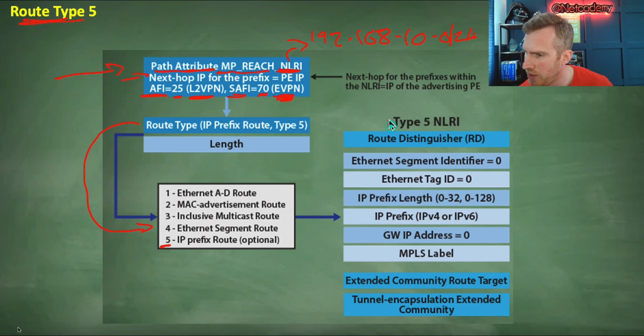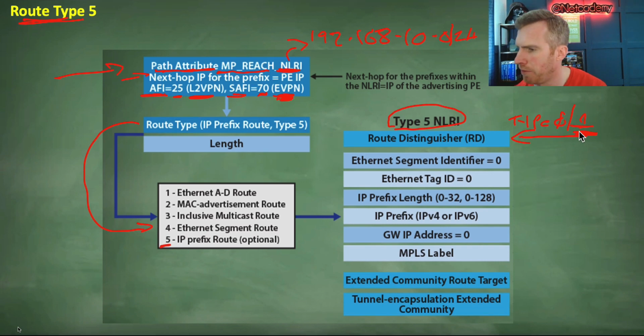But now we can actually see the type 5 network layer reachability information. So as always, you've got this route distinguisher here. The route distinguisher literally identifies, is it a type 0? You can either have a type 0 or a type 1 route distinguisher. Typically today, it's always going to be a type 1 route distinguisher, and it usually takes the format of the router ID.